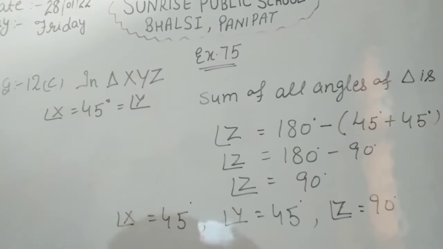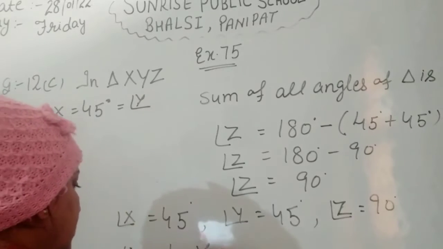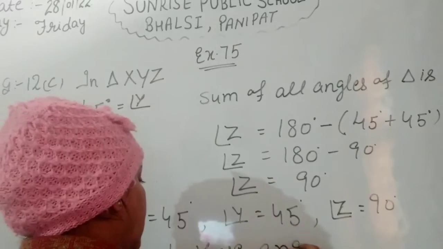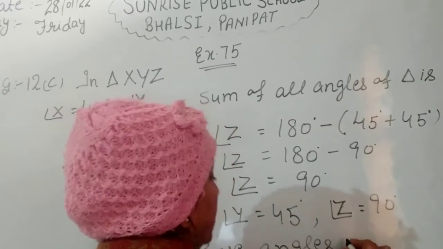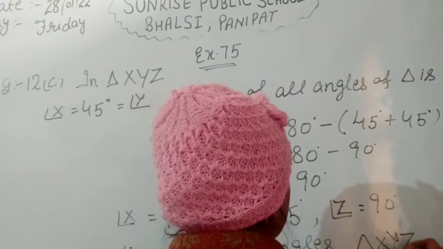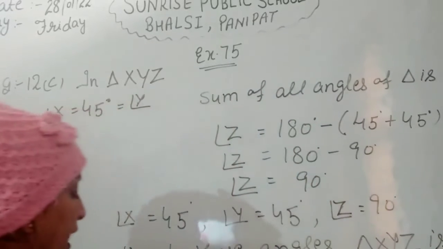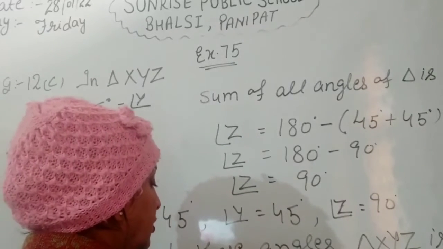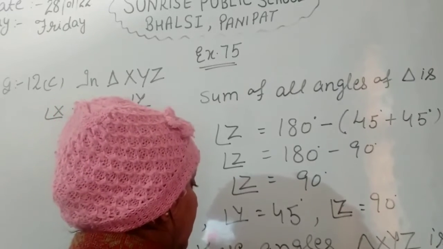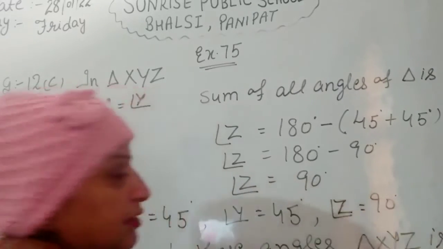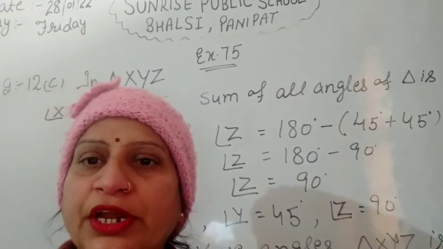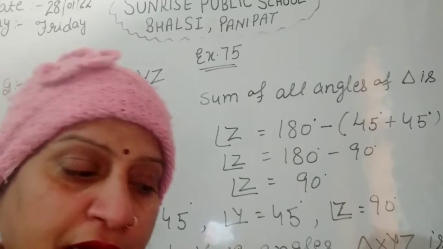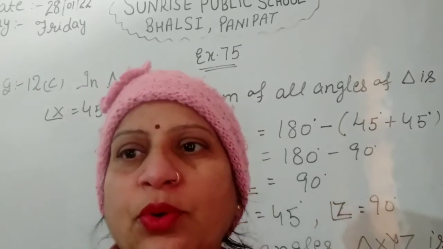So we write here: according to these angles, triangle XYZ is a right angled triangle, because in this one angle is 90 degrees. Is this clear? Now I explain the next question.